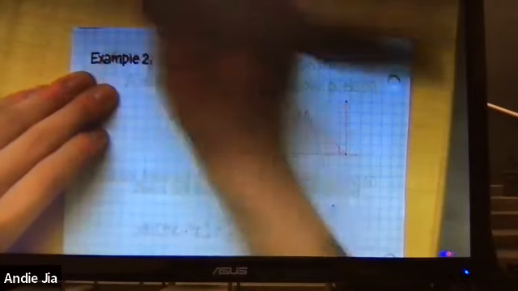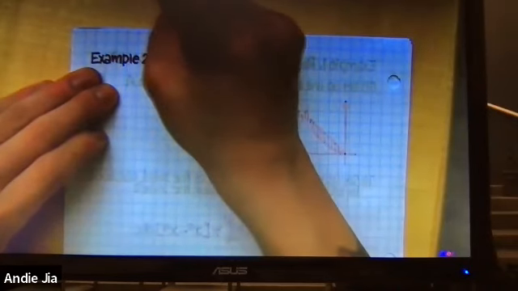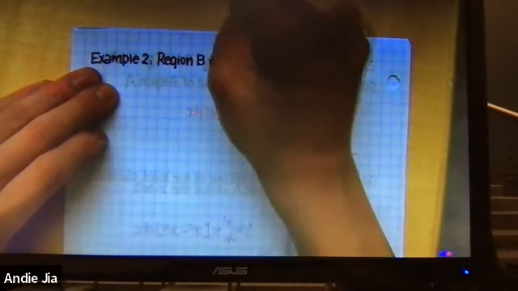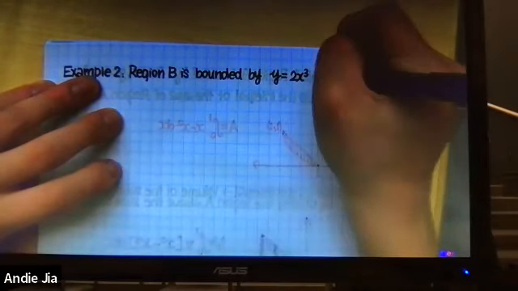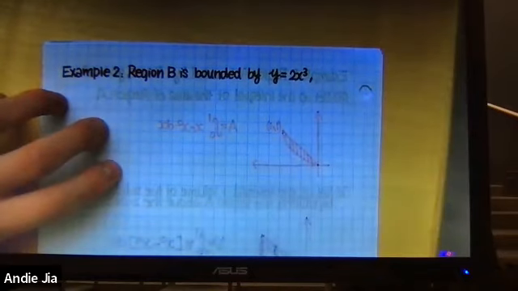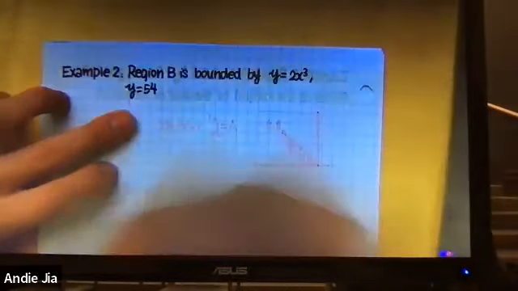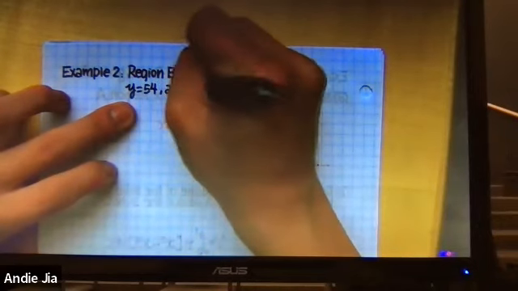And we want to do another one with the shell method. Example 2: we have a region B bounded by y equals 2x to the cubic, the horizontal line y equals 54, and the y-axis.